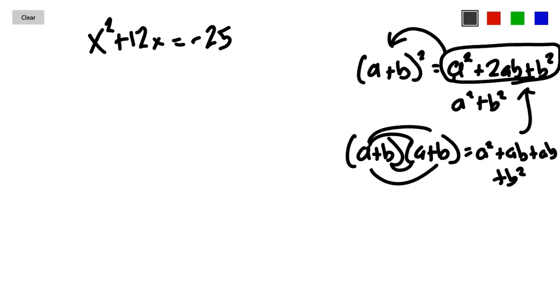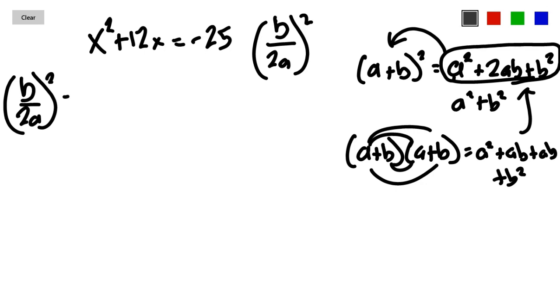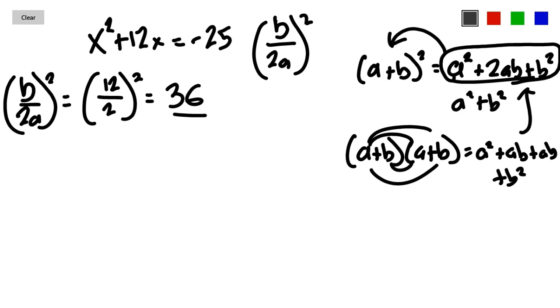And the number that you pick is going to be designated by the formula (b over 2a) squared. So this is how you pick the number that you're going to add and subtract. So (b over 2a) squared is equal to (12 over 2) squared, which is equal to 36, because 12 over 2 is 6, and 6 squared is 36.